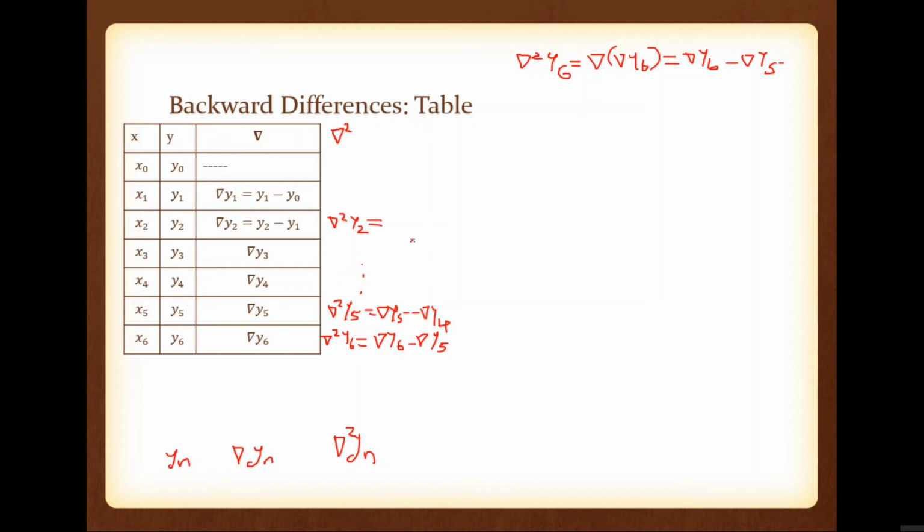Please tell me. Del y2 minus del y1. Right? What is actually del y2? Del y2 is y2 minus y1, right? And del y1 is y1 minus y0.